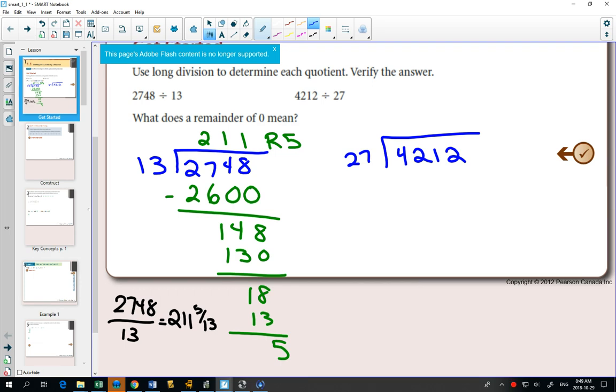How many hundreds could we multiply 27 by to still stay under 4,200? If I put 100 in there, I'll get 2,700. If I put 200, I'd get 5,400. 5,400 would be too much. So all I would have is 100 here. 100 times 27 is 2,700, and I subtract.